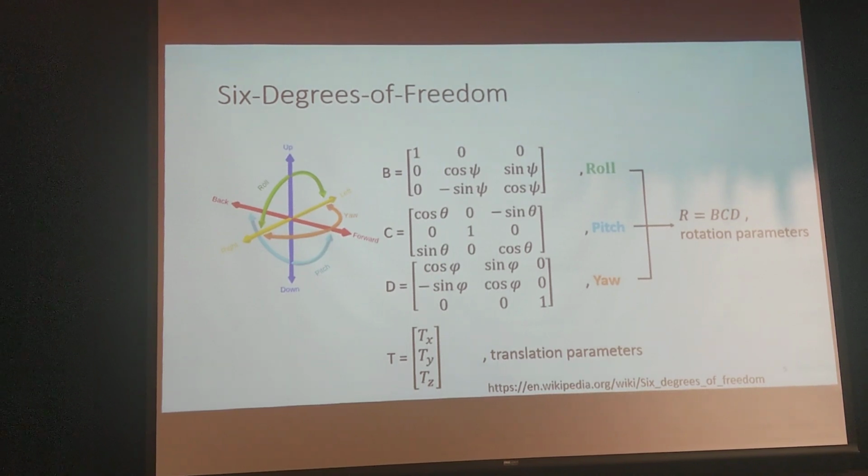The pitch motion rotates about the y-axis, and yaw motion rotates about the z-axis. Then we can further get a general rotation matrix by multiplying these matrices. In addition, the remaining motions are expressed as a translation matrix.